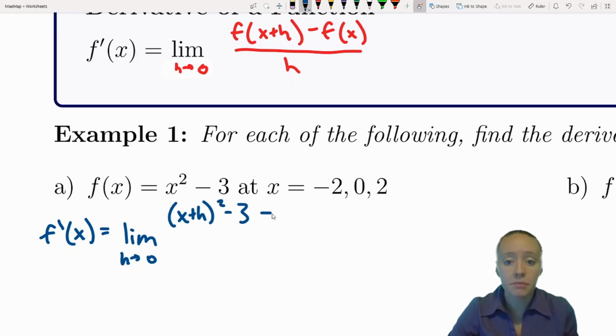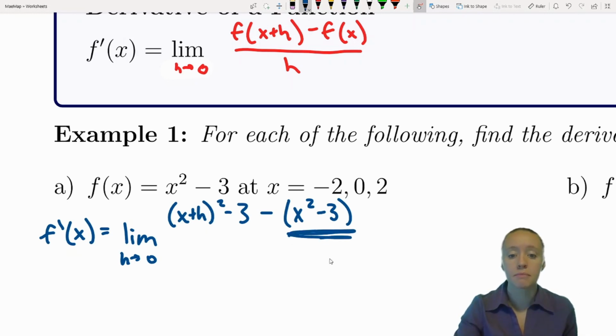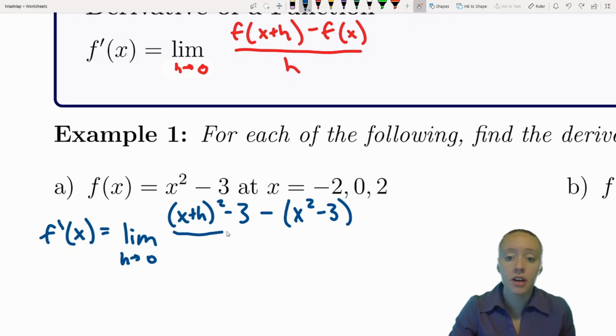And then from that, I'm subtracting f of x, which is given to us. That's x squared minus 3. And parentheses are very important when dealing with this definition because we're subtracting that entire function of x, so it needs to be in parentheses. And that's going to be all over h.